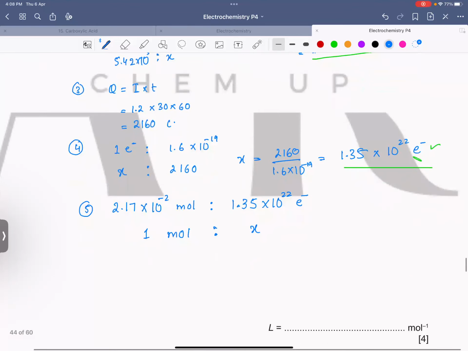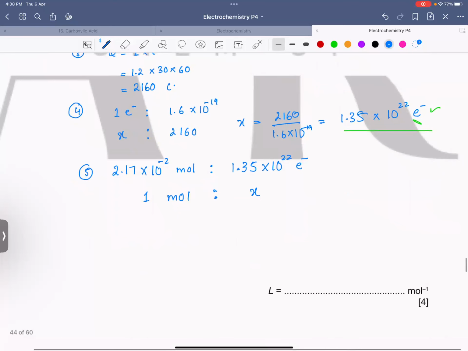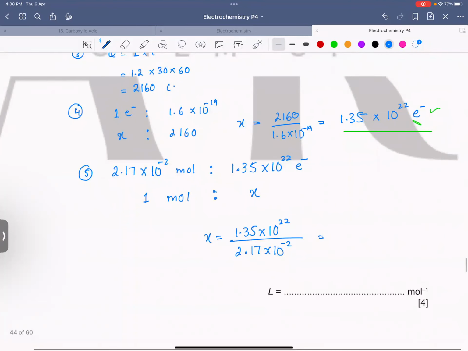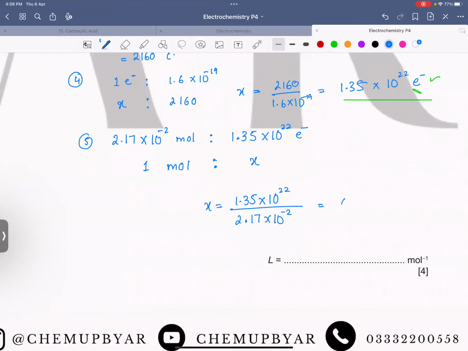So x would be 1.35 exponent 22 divided by 2.17 exponent -2, which gives 6.22 into 10 raised to the power 23.